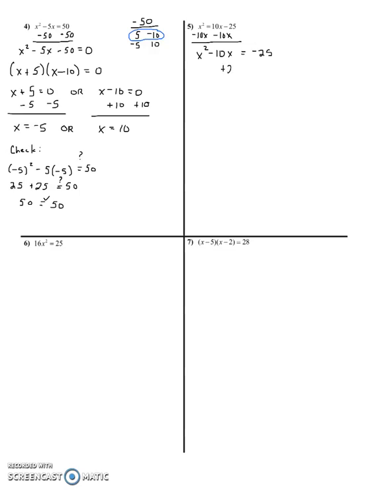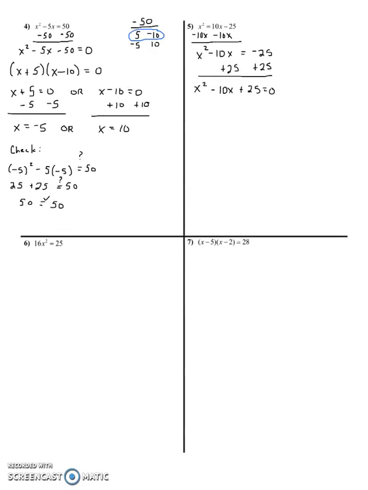Now we have to add 25 to both sides. And that gives us x squared minus 10x plus 25 equals 0.